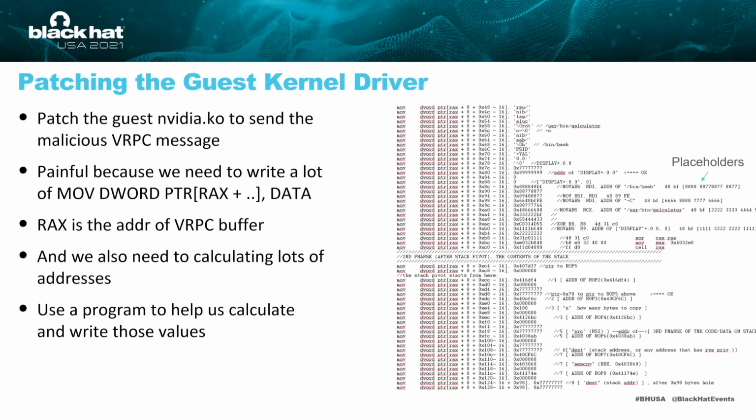The RAX in the figure represents the start address of the vRPC buffer. As you can see, this is very painful. I have made a program to help me do most of the work. It can help me calculate the offset, the value, and the bytecodes, and generate a patched guest nvidia.ko file.